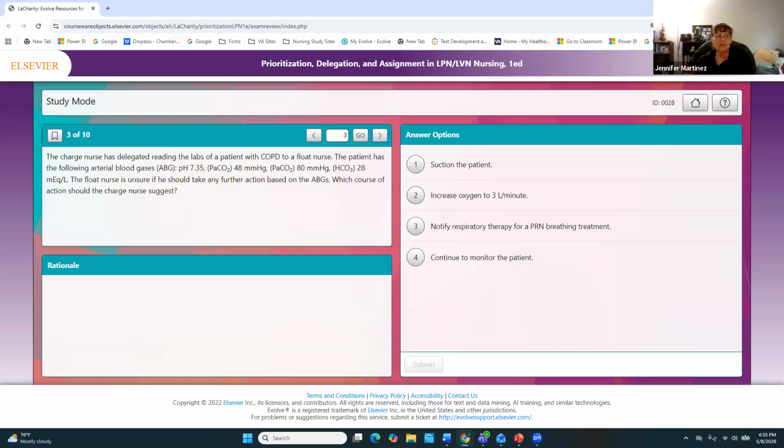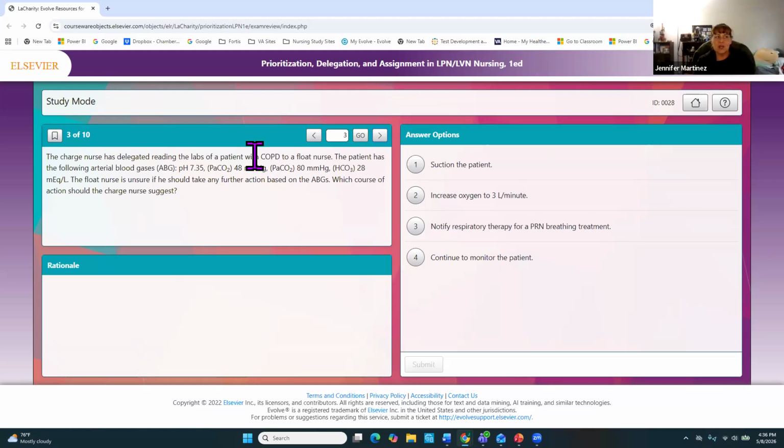The float nurse is unsure if he should take any further action based on the ABGs. Which course of action should the charge nurse suggest? So 1, suction the patient. 2, increase oxygen to 3 liters. 3, notify respiratory therapy for PRN breathing treatment, or 4, continue to monitor the patient.